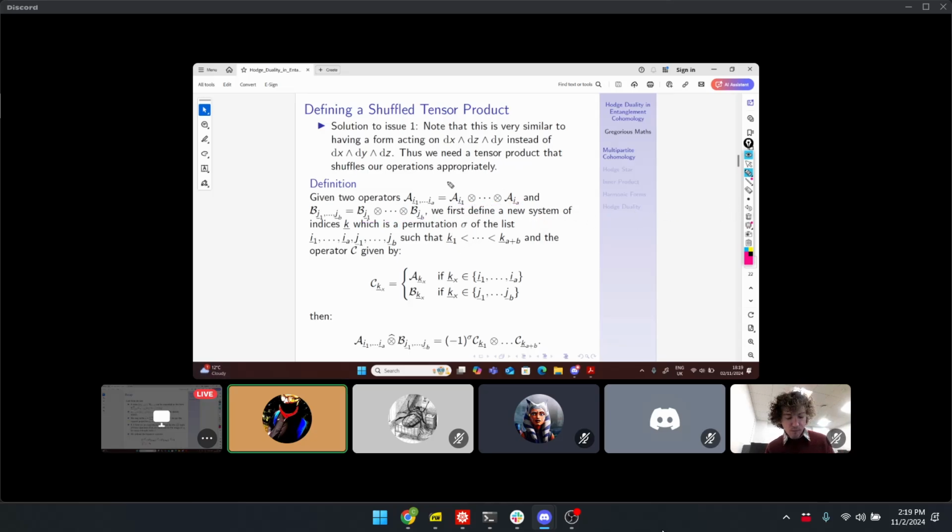So, for example, if A is acting on A, C, E, and B is acting on B, D, or something like that, then our new set of indices K would be A, B, C, D, E, in order, basically. And the permutation that takes you from A, C, E, B, D to A, B, C, D, E, we'll call sigma.